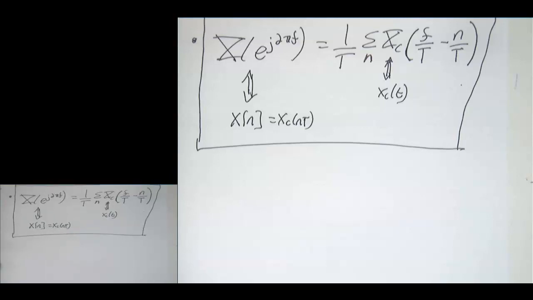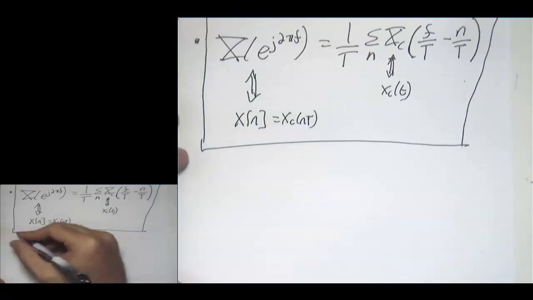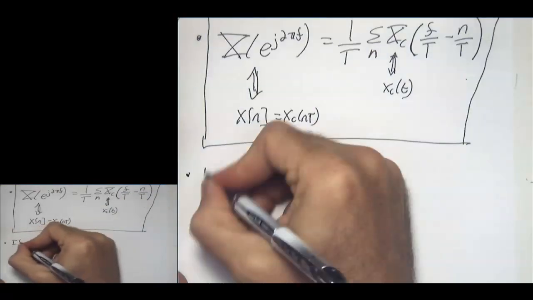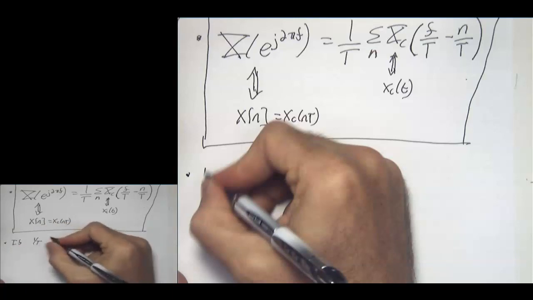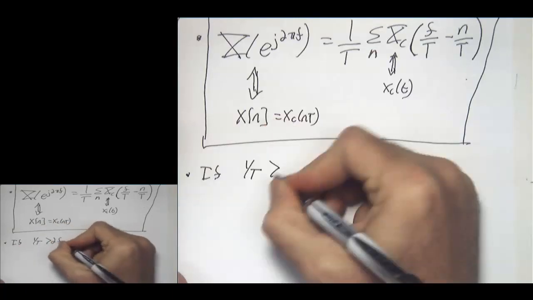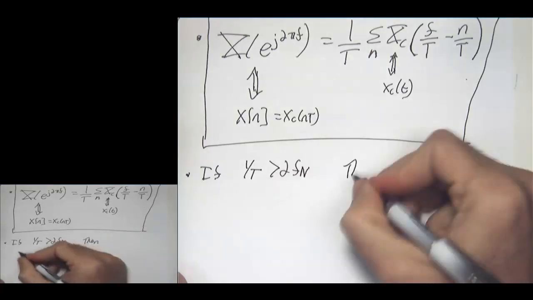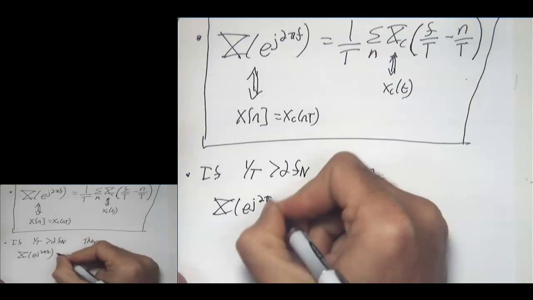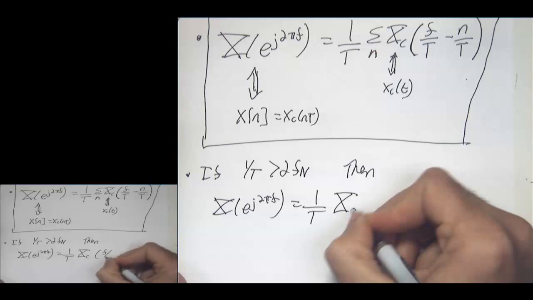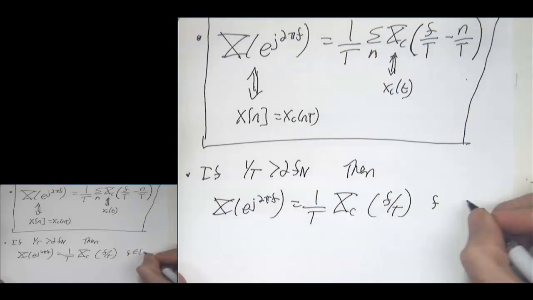Okay, now, one thing to note here is that if 1 over t is greater than 2fn, then x e to the j 2 pi f is equal to 1 over t x sub c f over t, for f in whatever range you're looking at.